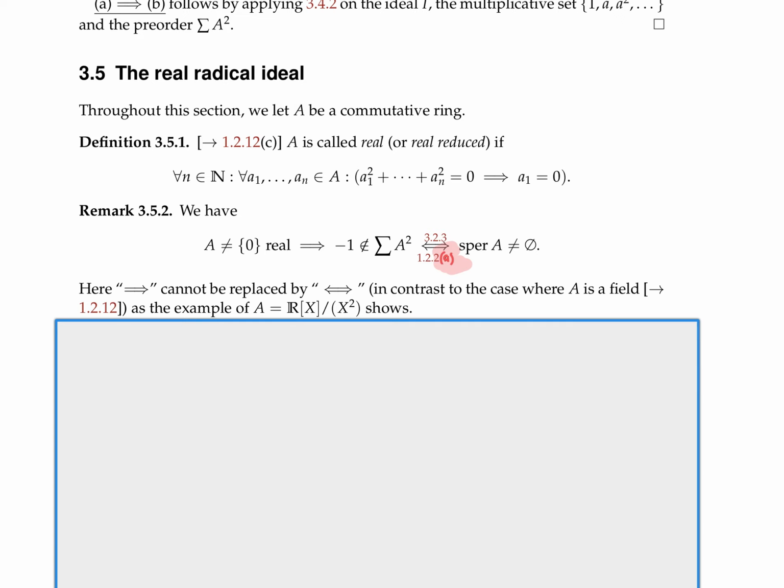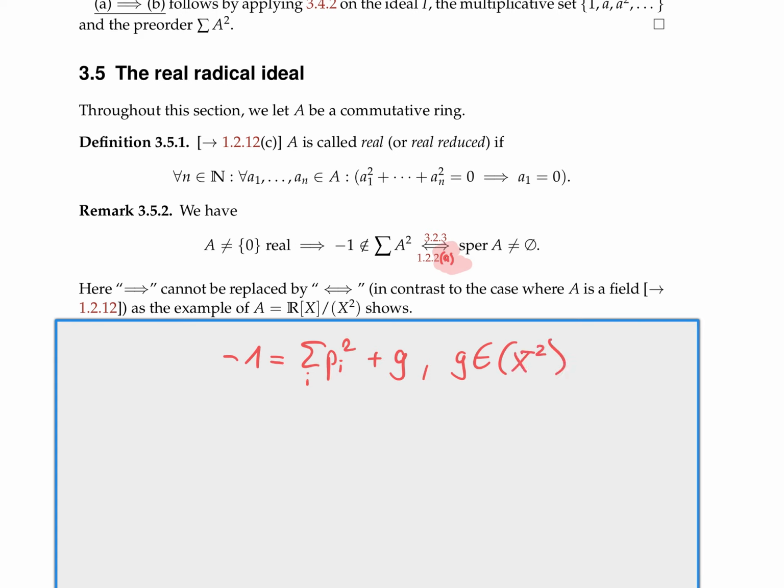An example of this is that if you look at the ideal generated by x squared in the ring of polynomials in one variable over the real field. In this ring, -1 is not the sum of squares, because if it were, then you would have an identity of the form -1 is the sum of squares of univariate polynomials plus some g, where g is in the ideal generated by x squared.